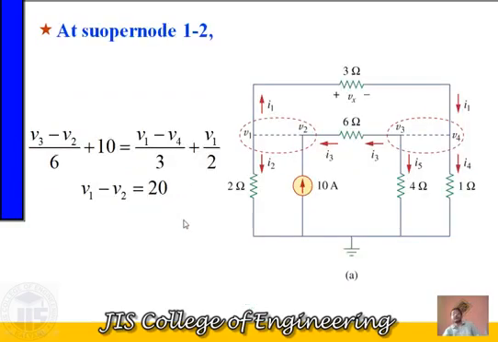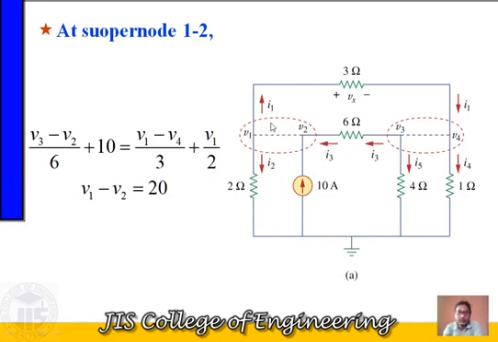Now if we consider this super node, it contains the points V1 and V2. This super node has the branches: this branch, this branch, this one, and this one. So this super node contains 4 different branches, and for these 4 branches we have put the current directions I1, I2, I3 and 10 ampere, which is already given.